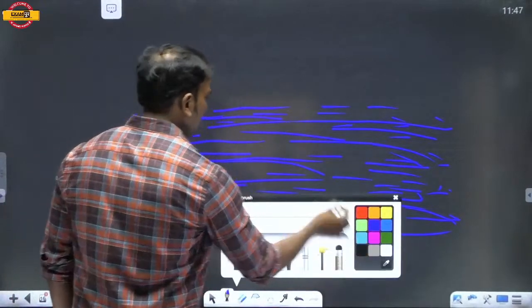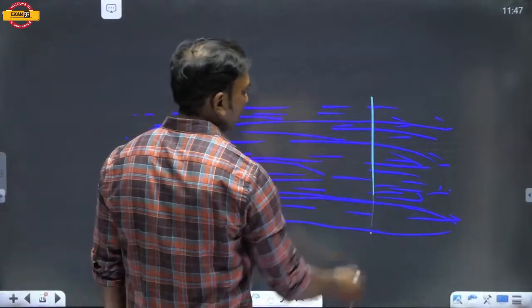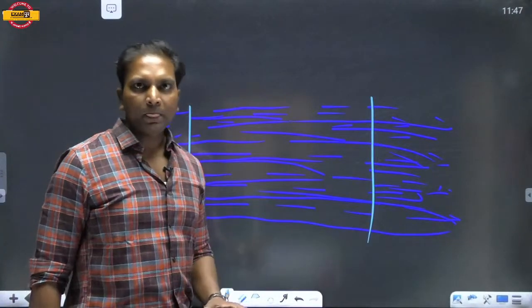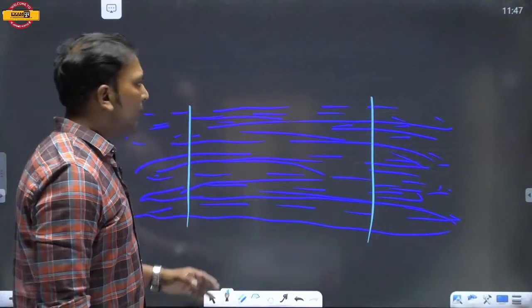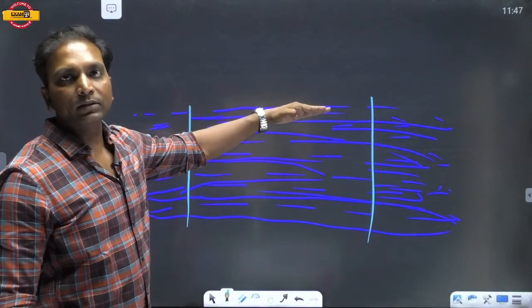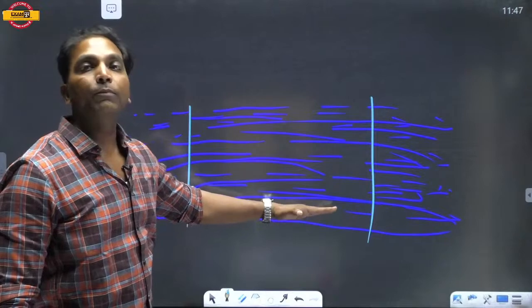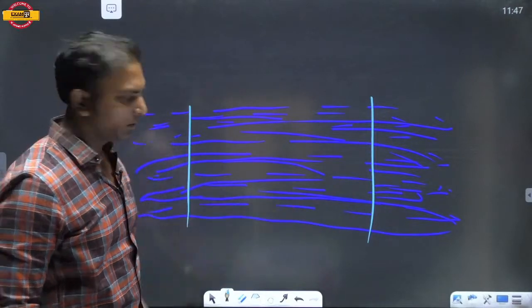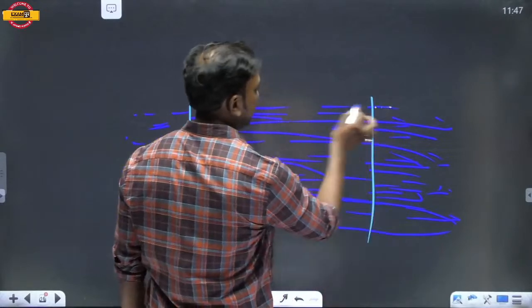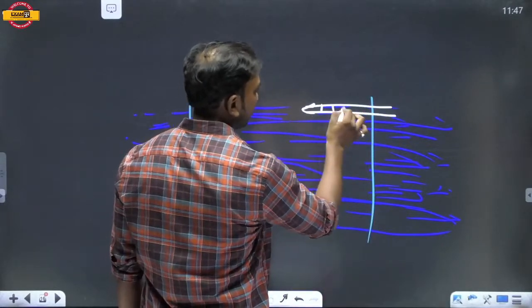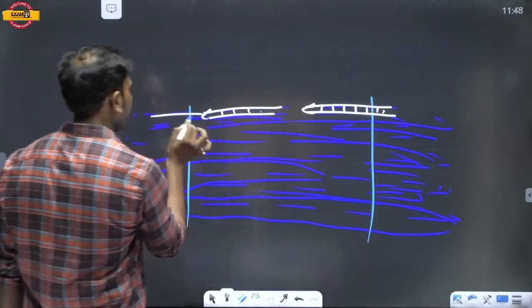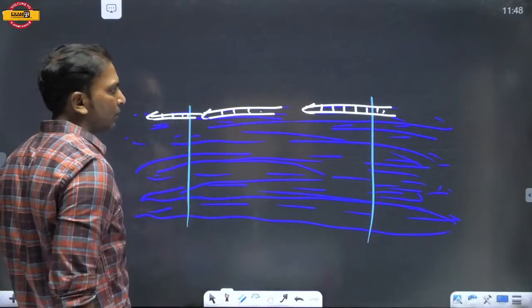So I am going to explain one more thing, and that is that one current moves above the oceanic surface and one moves beneath it also. So let's see. At this side the current flows from this way to that way. Okay, it reaches that place.